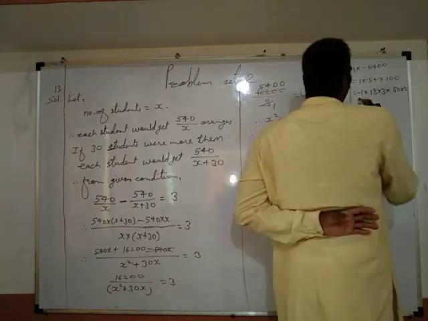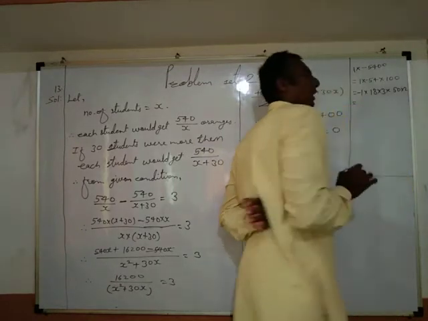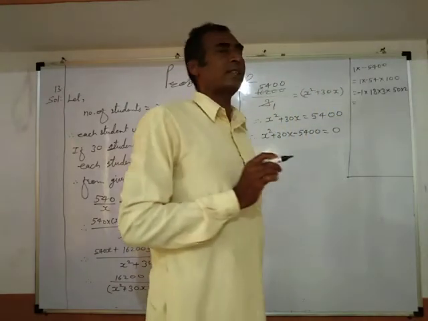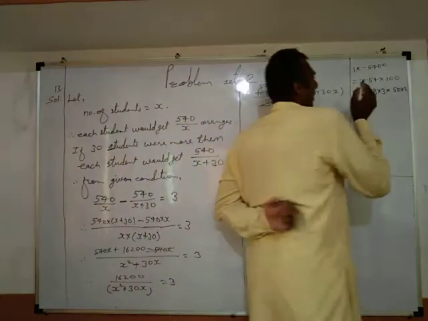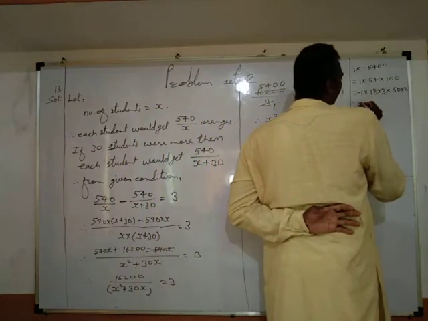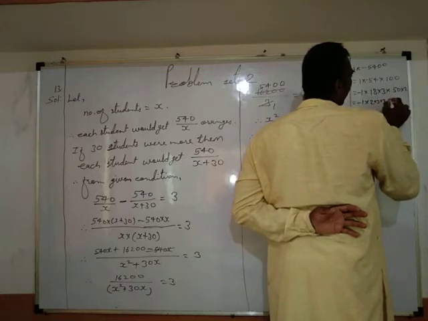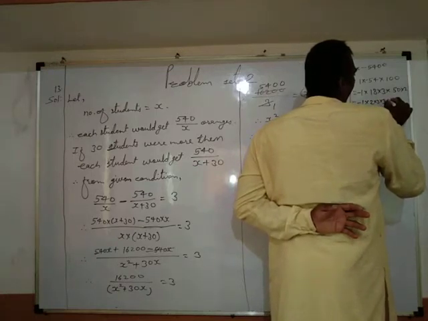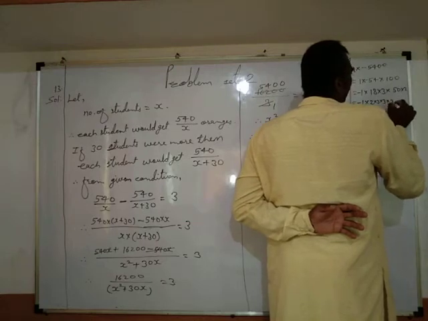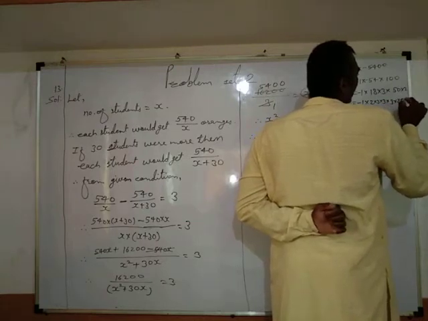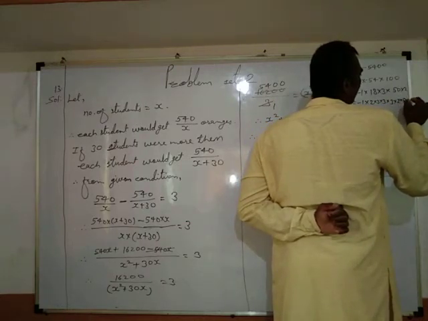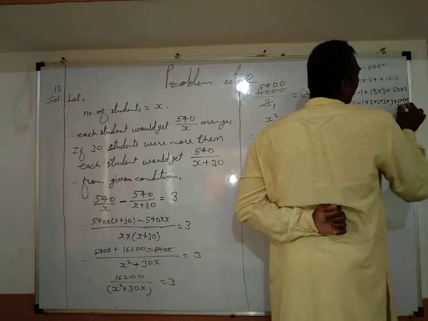Further we need to factorize. It is better to factorize all these factors in prime form. What will it be then? 1 into 2 into 3 into 3 into 3 into 2 into 5 into 5 into 2.